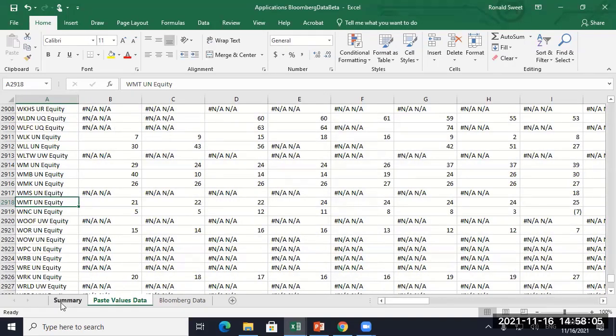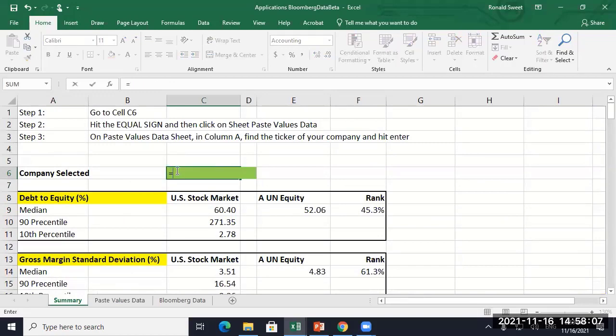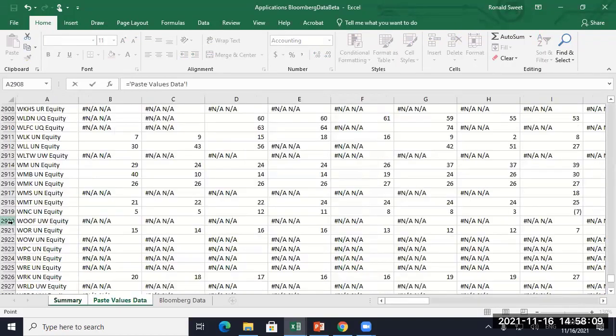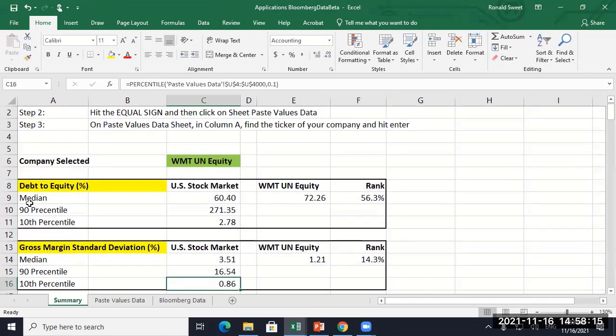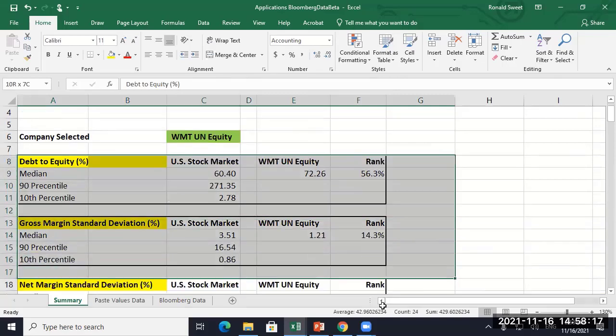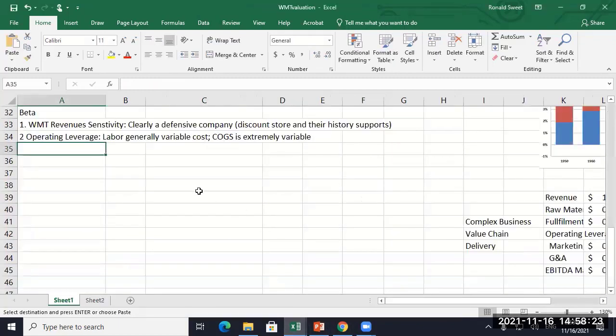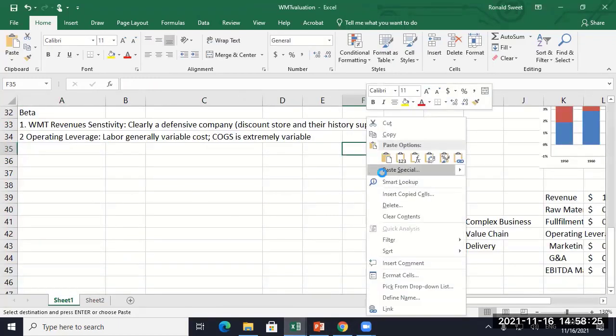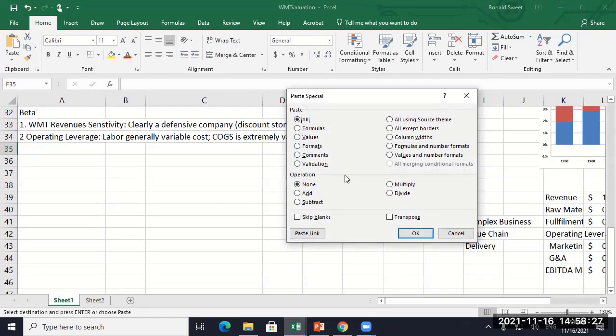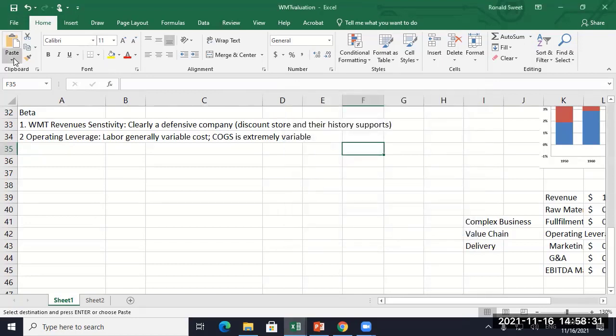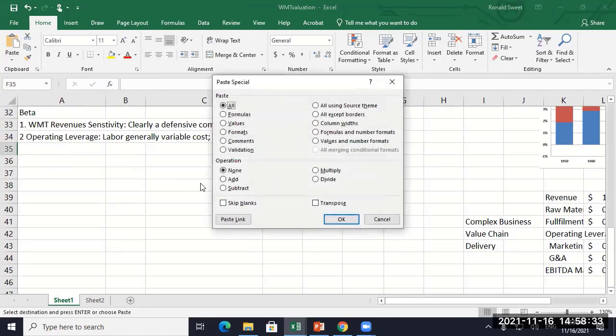So I'm going to click on there, and when I just do equal and go to this page, I'm already there. And that brings up all my data. I'm going to take this. See if I can paste it a different way.